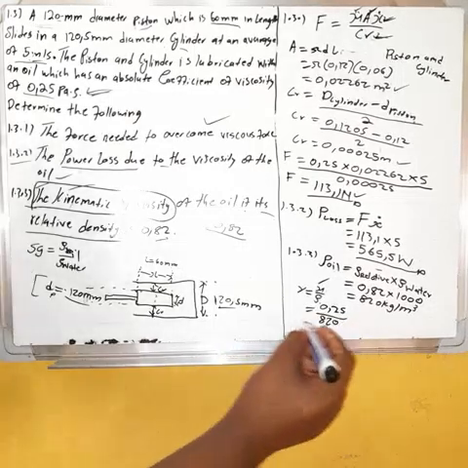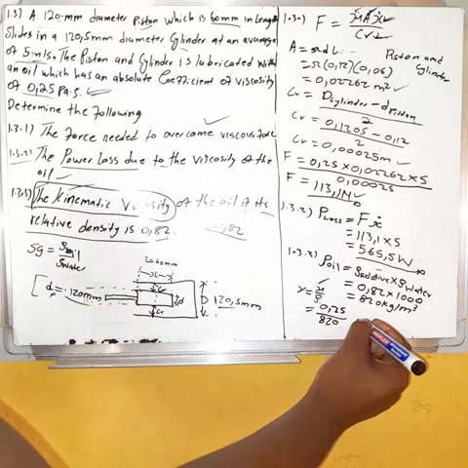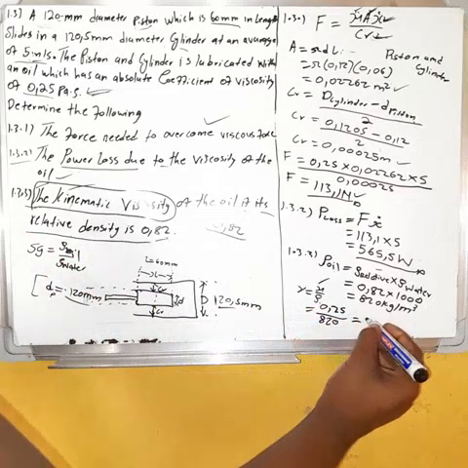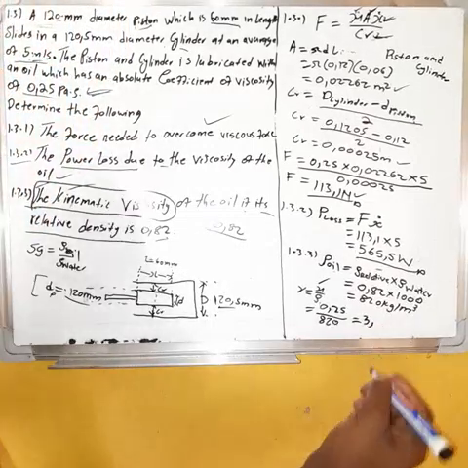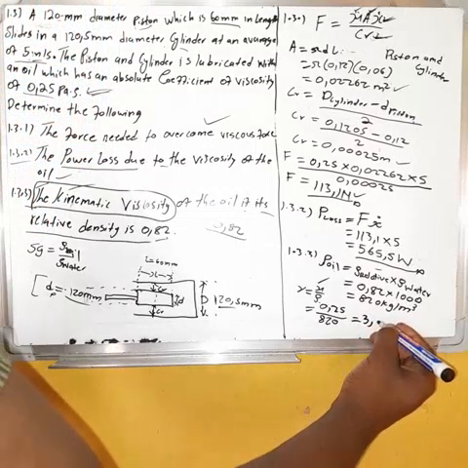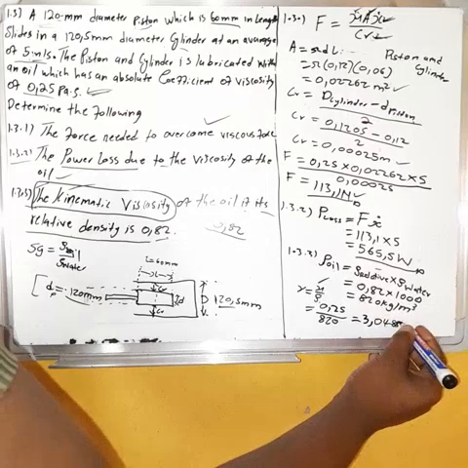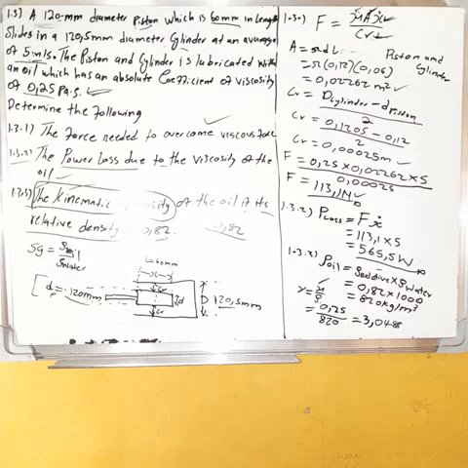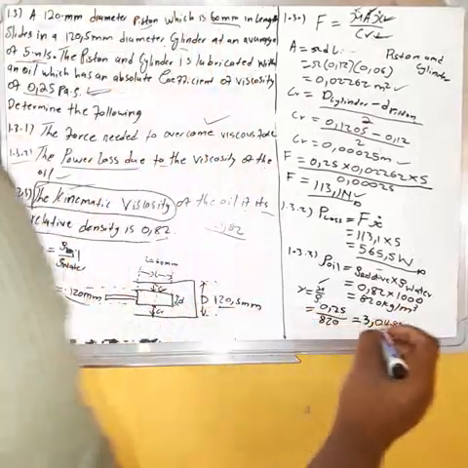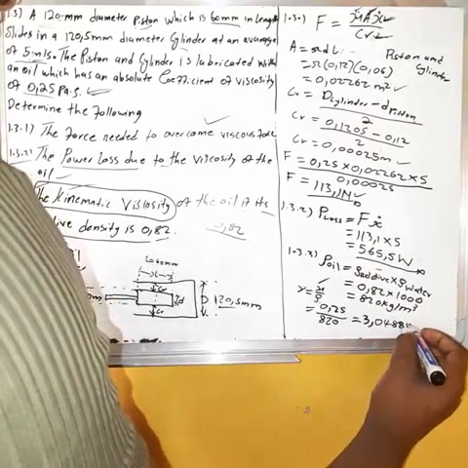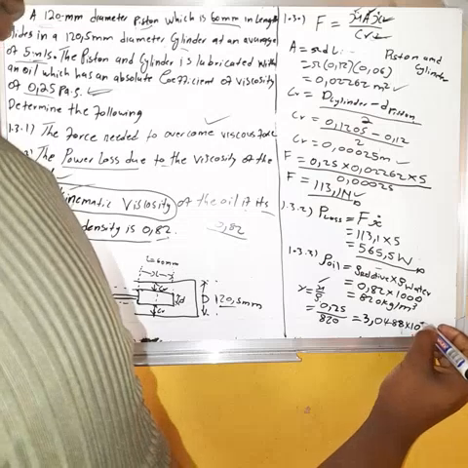Then we get that this is the same as 3.048 times 10 to the minus 4.